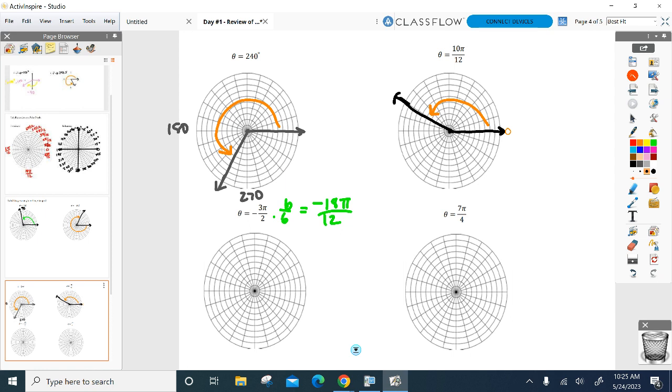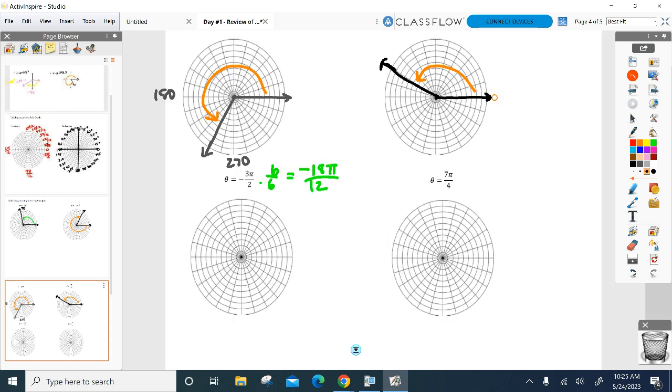Remember, make sure you start counting clockwise. Be careful. Go clockwise. 12, 13, 14, 15, 16, 17, 18.